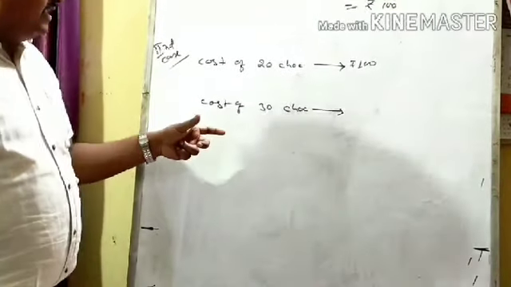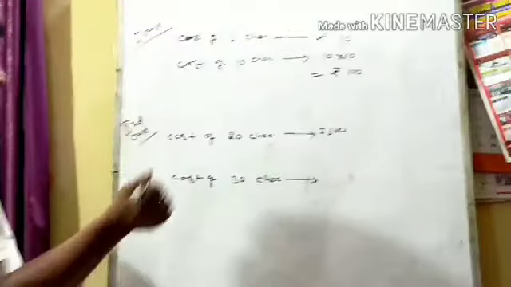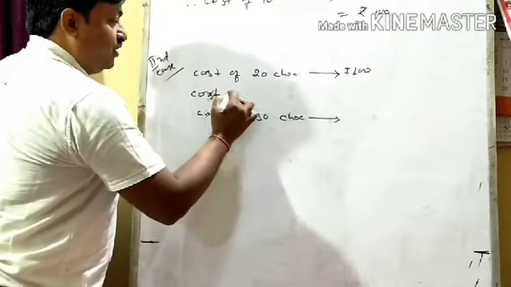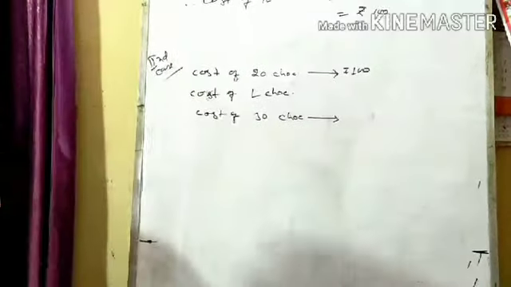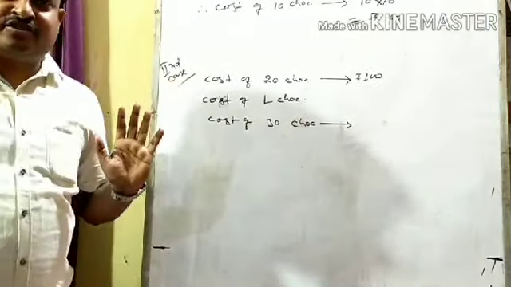So before finding the cost of 30 chocolate, we have to find the cost of one chocolate. If we find the cost of one chocolate, it is very easy to calculate the cost of 30 chocolate.